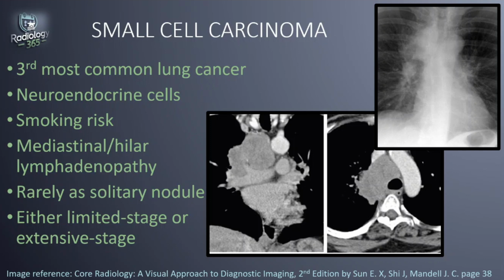Small cell usually presents as mediastinal or hilar lymphadenopathy, typically presenting as a large hilar or perihilar mass. Now, the involvement of the superior vena cava because of this hilar mass compressing on it may cause SVC syndrome.